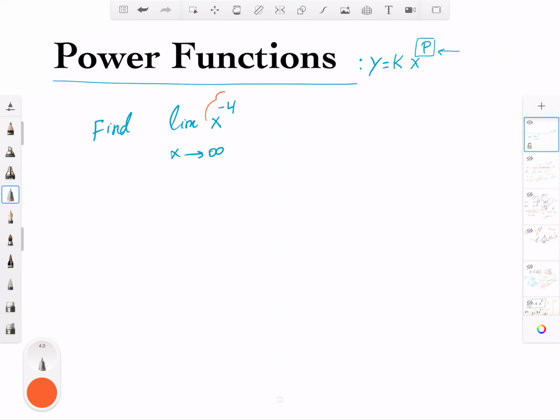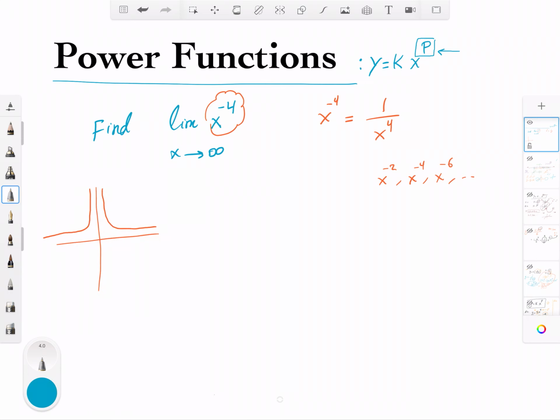So we need to know how this looks. X to the power of negative 4 is exactly the same as 1 over x to the power of 4. We just learned that all the even negative exponents like x to the power negative 2, x to the power negative 4, x to the power negative 6, they all look like this.